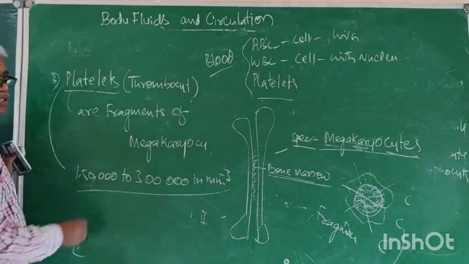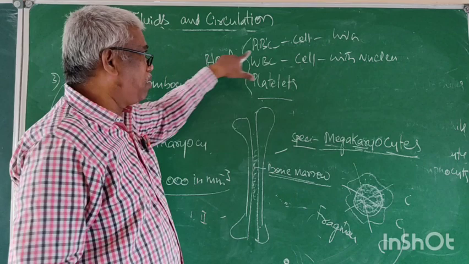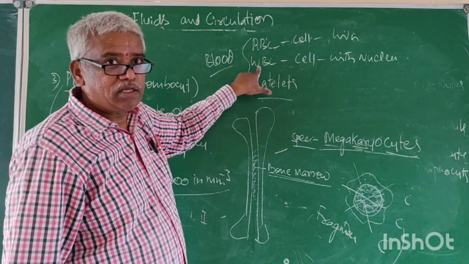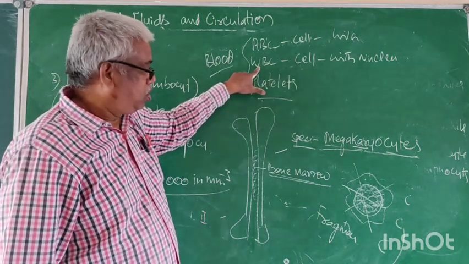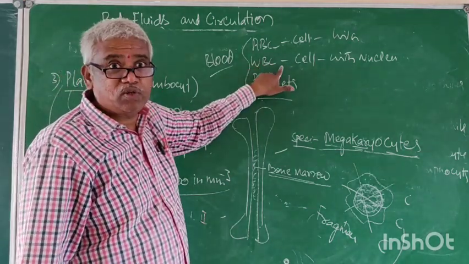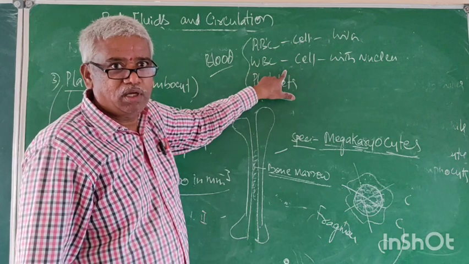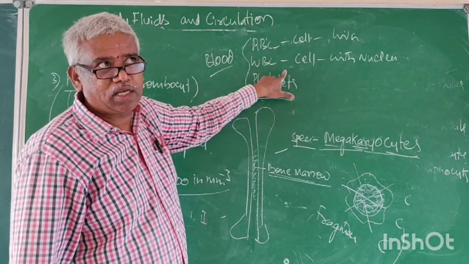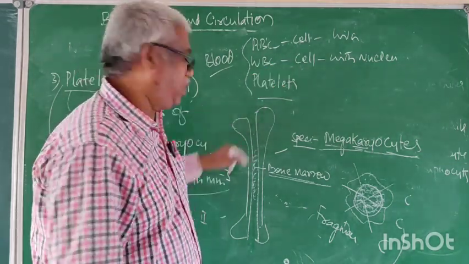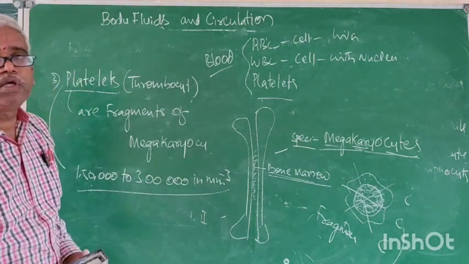Now the RBC count is 5 to 5.5 millions in 1 cubic millimeter. For WBC, it is 6,000 to 8,000, not millions, not lakhs. 6,000 to 8,000 of WBC in 1 cubic millimeter. And platelets are 1,50,000 to 3 lakhs.